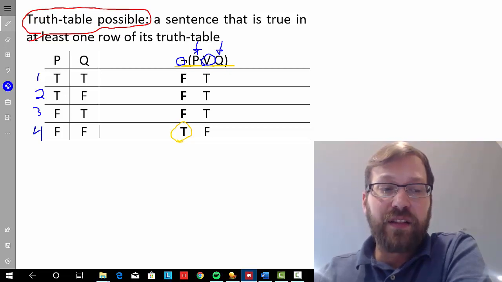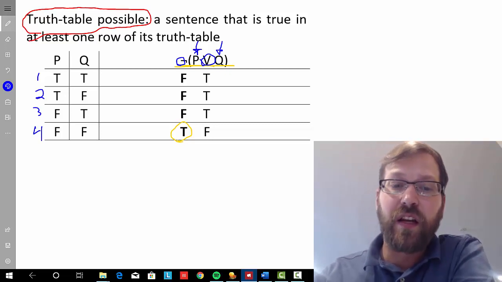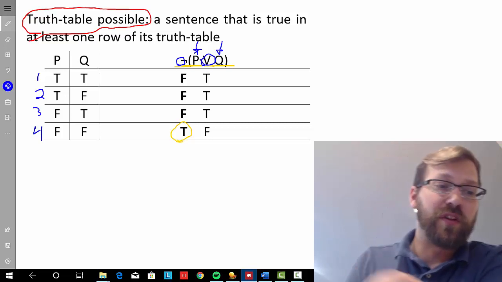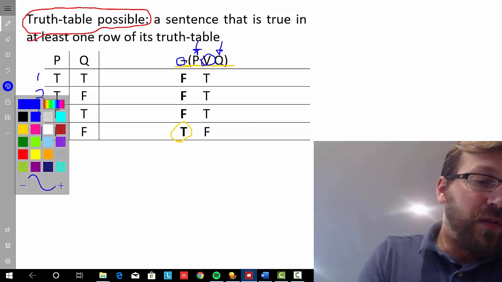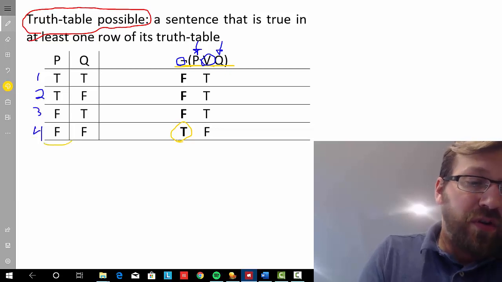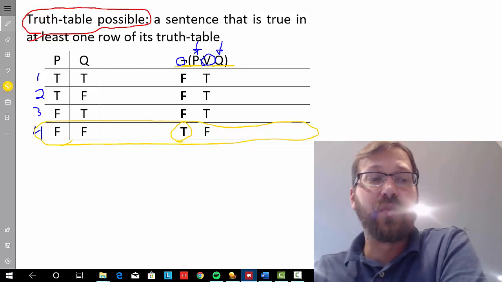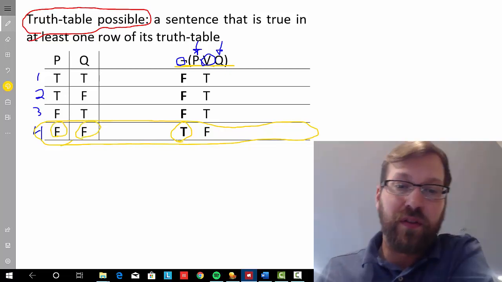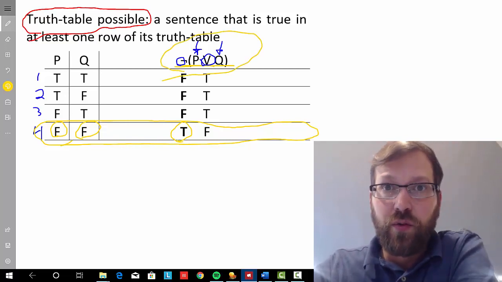As long as there is a situation in which it could be true, then it's truth table possible. So our one circumstance in this case is the situation in which P is false and Q is false, because that's going to make this sentence true.